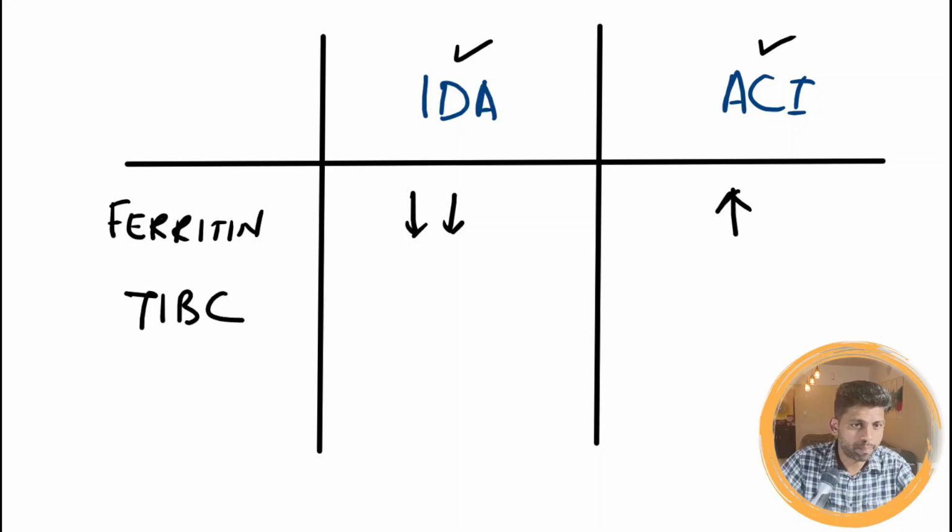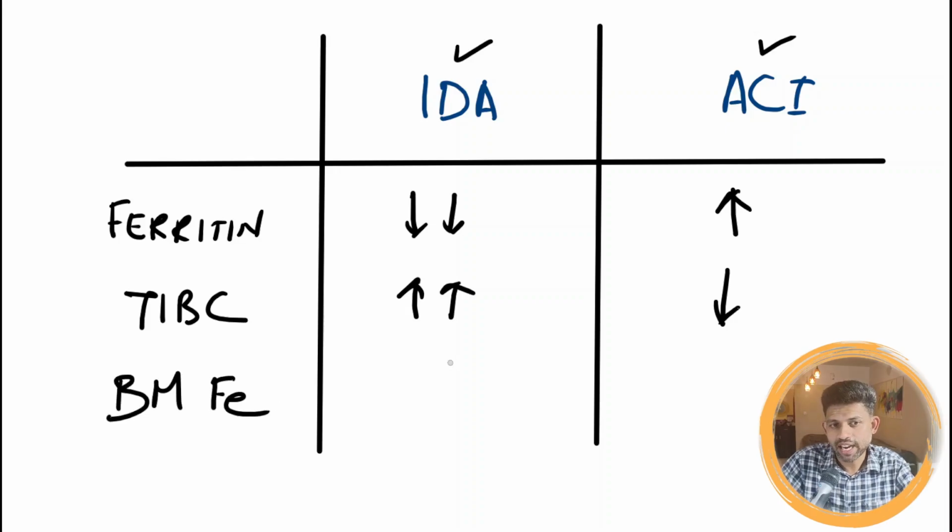Total iron binding capacity increases markedly in iron deficiency anemia because transferrin is almost empty and it wants to attach to more and more iron. While in anemia of chronic disease, since transferrin itself goes down, TIBC reduces. Third is bone marrow iron. Obviously, in iron deficiency anemia, it is reduced, and in anemia of chronic inflammation, since there is a lot of iron in the bone marrow, it is increased.